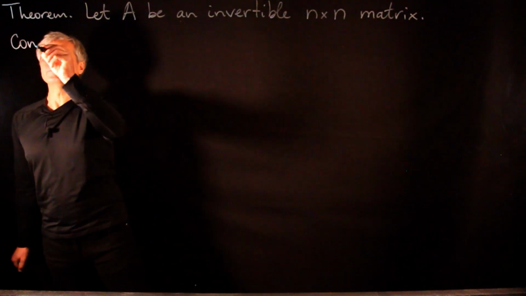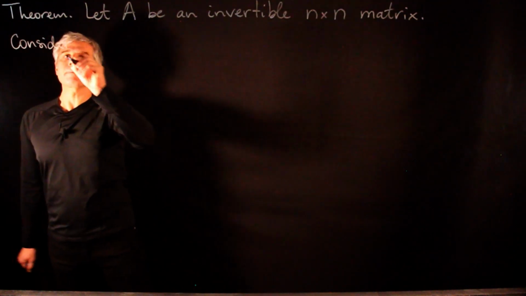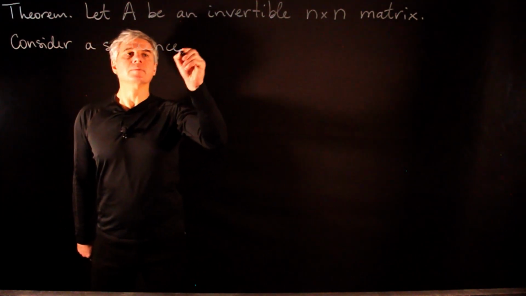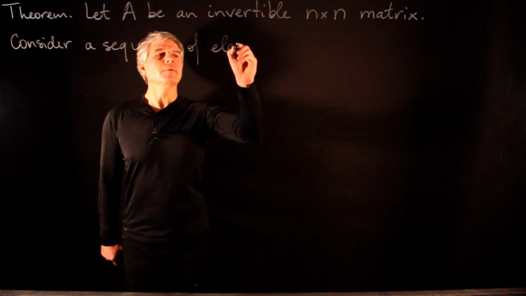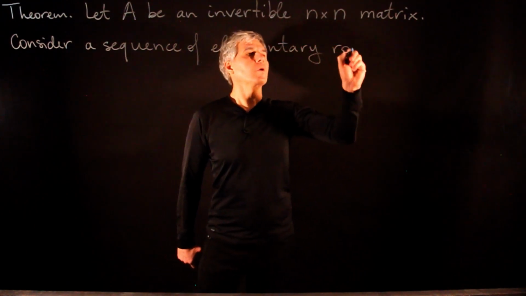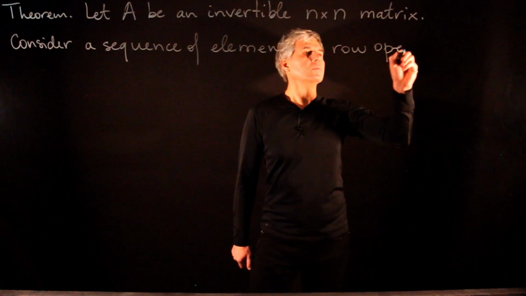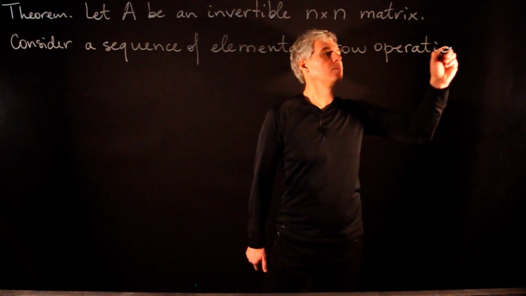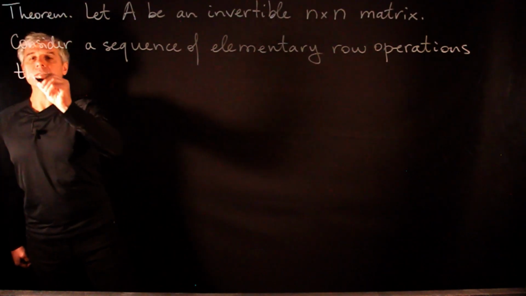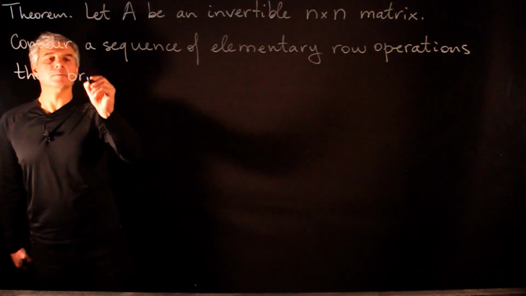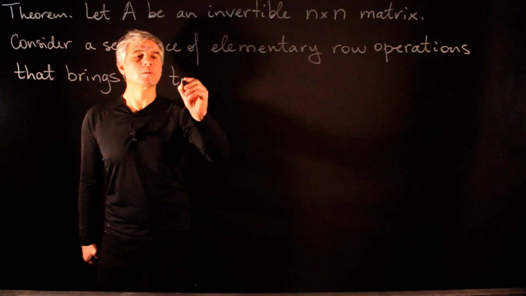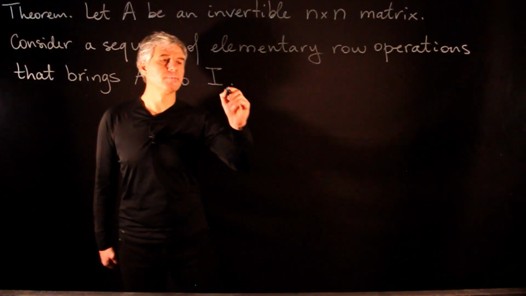Consider a sequence of elementary row operations that brings A to identity matrix.